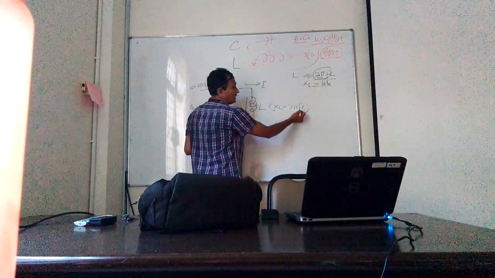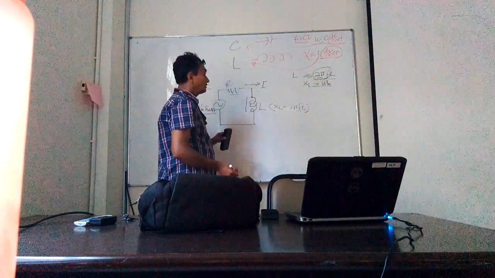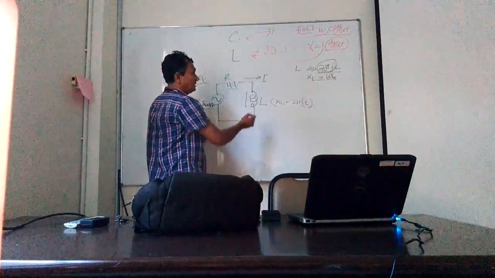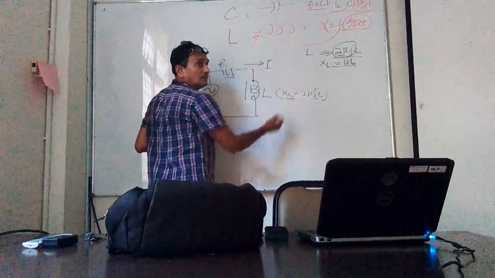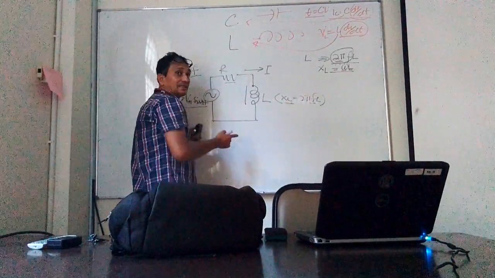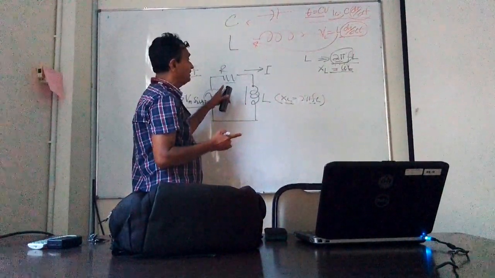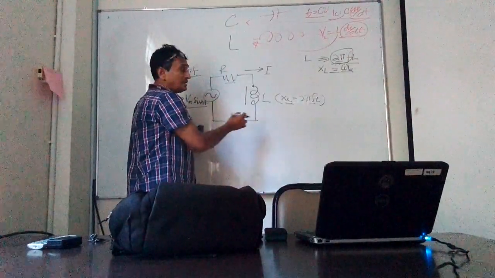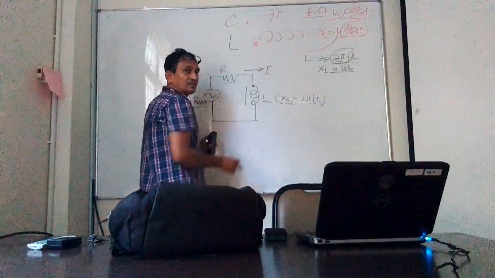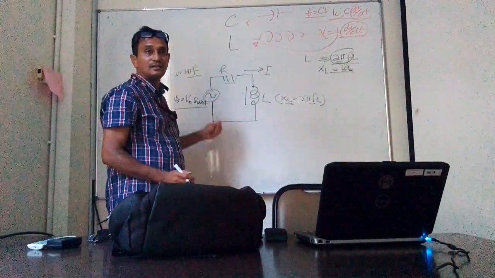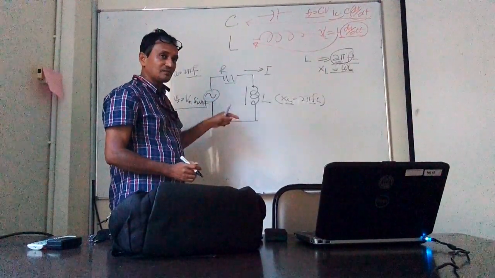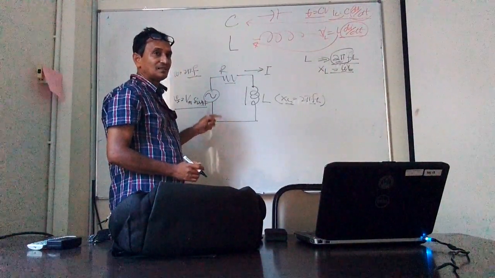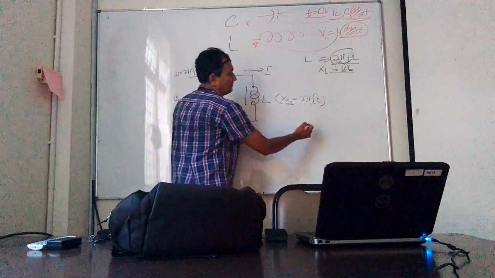So this is dependent on frequency. If the frequency increases, the inductive reactance will increase. If the inductive reactance increases, then it will control the current, because if it increases, then what direction should it be? So Lenz's law, what does Lenz's law determine? The voltage level. Say this is the reference voltage level.